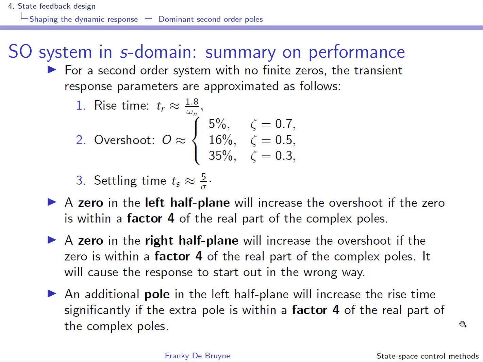An additional pole in the left half plane will increase the rise time significantly if this pole is within a factor 4 of the real part of the complex pole.